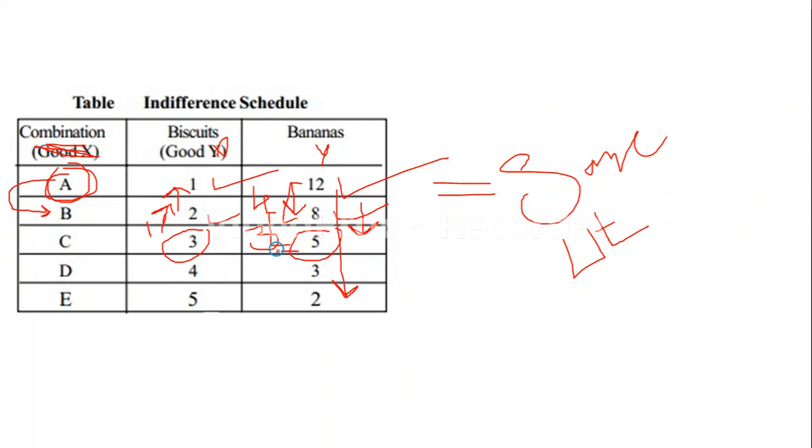And for the next stage, for sacrificing only 2 bananas, he will get 1 more biscuit. And in the next stage, by sacrificing only 1 banana, he will get another unit of biscuit. So here MRS is going to decrease, and even though MRS is decreasing, his level of satisfaction remains the same.